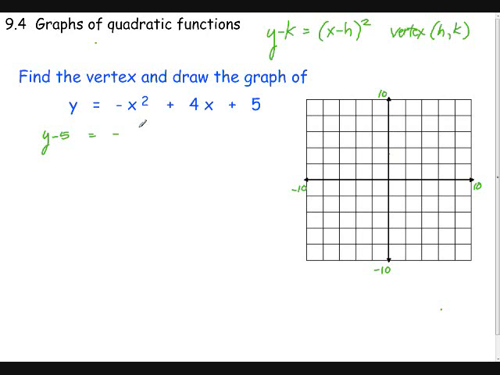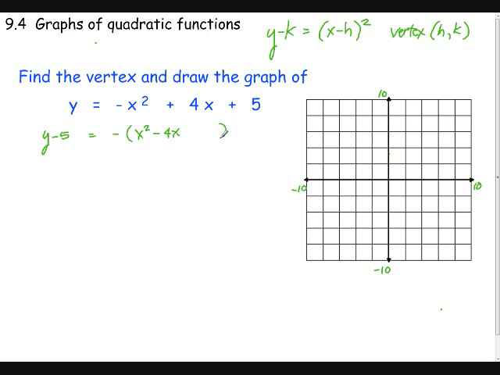But when I'm completing the square, I always want my leading coefficient here to be a positive 1. So I'm going to factor out a negative 1. That'll leave me with x squared. Now, if I factor a negative 1 out of a positive 4x, this is going to become a negative 4x.